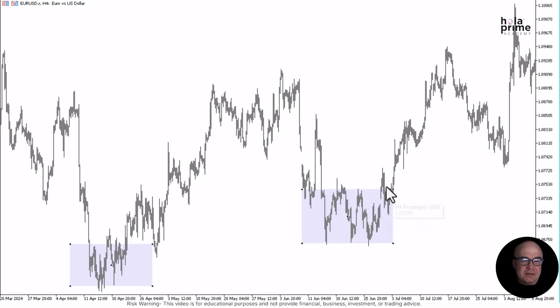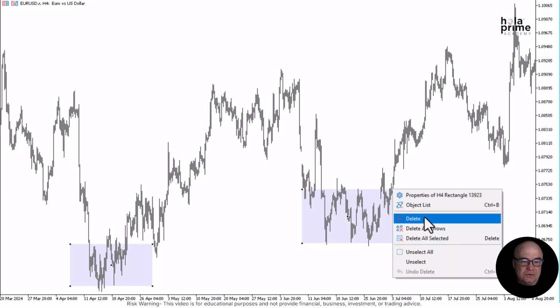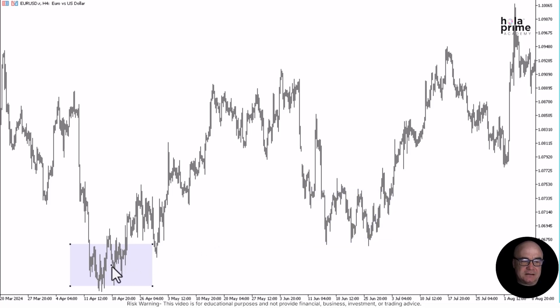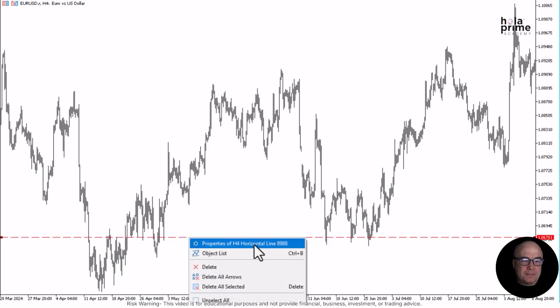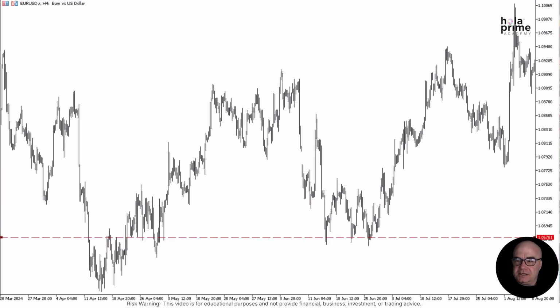Another way to think about this is to understand that this is really all you're doing when you're putting horizontal lines on the chart. So for example, let me go ahead and change that to a solid line. You can clearly see that there was resistance there. You can clearly see that there is support down there.